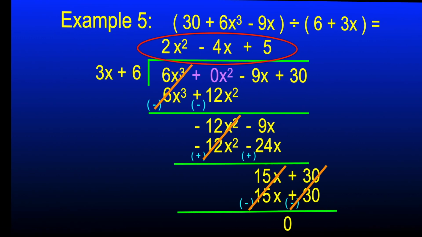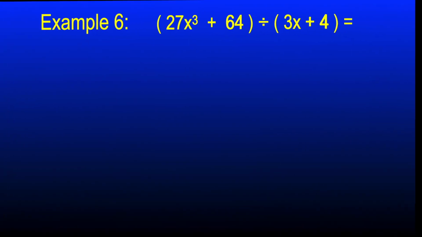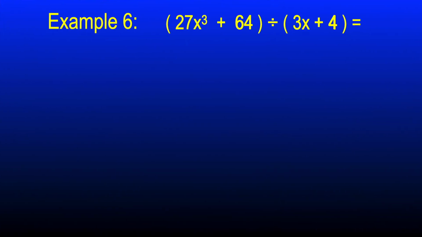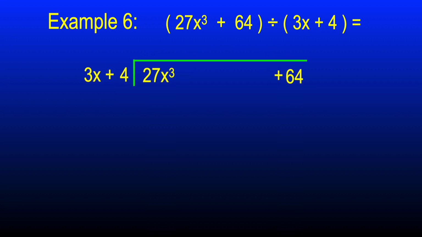Example number 6. Ayan. Quantity 27x cubed plus 64 divided by quantity 3x plus 4. So, i-rewrite natin. Yan yung solution. Ayan. So, pansinin nyo, merong space, kasi dalawa ang missing terms.